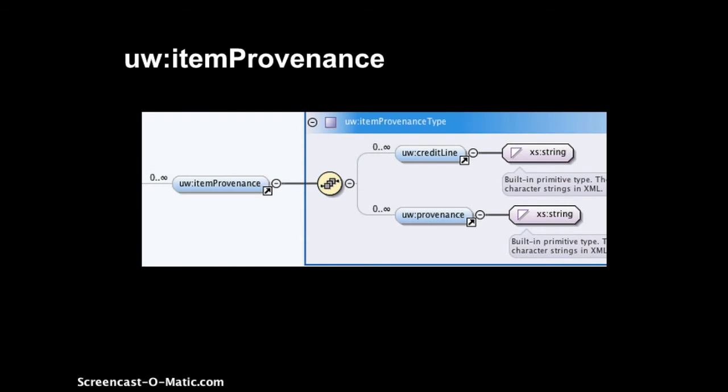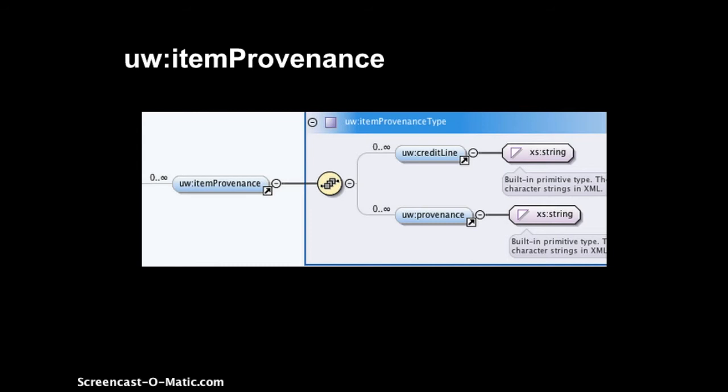The single element that we created in our local terms that did not fit easily into one of the containers within MODS was the item provenance. So provenance is a concept in museums, or antiques I suppose, that talks about the history of the object itself. Who owned it?